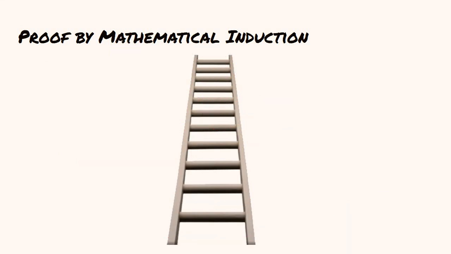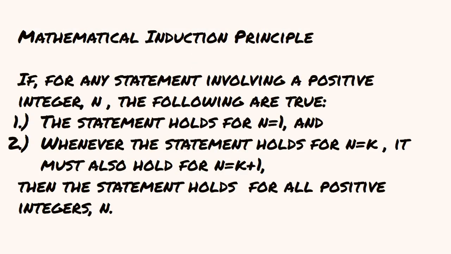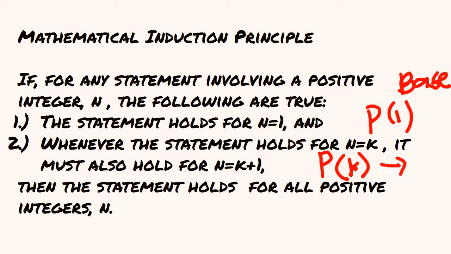Formally, proof by induction follows the induction principle, where for any statement involving a positive integer n, the following are true. First, the statement holds for n equals 1, that is the base case. Secondly, whenever the statement holds for n equals k, so property pk, it implies it must also be true for the next element.